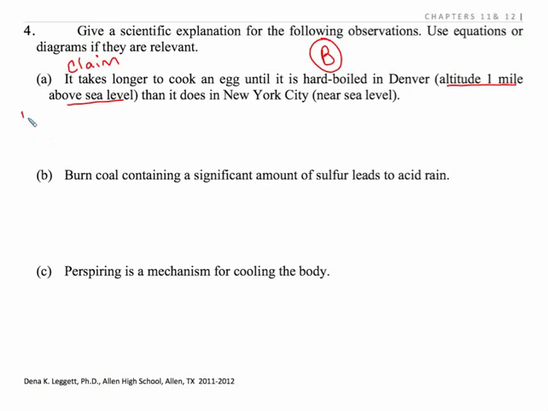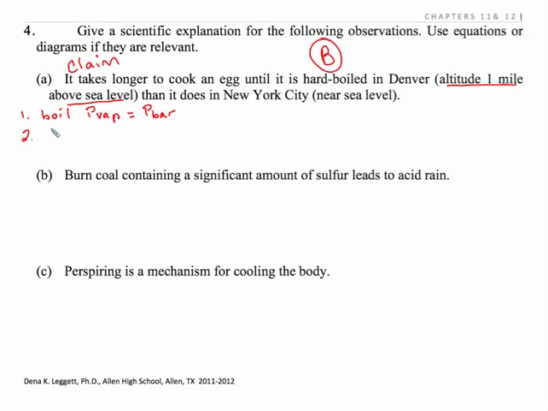Well, the first point we want to make is that a substance will boil when the vapor pressure of the liquid is equal to the barometric pressure. That's the definition of boiling. The normal boiling point is when that barometric pressure is 1 atmosphere.